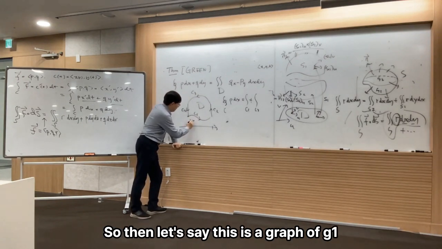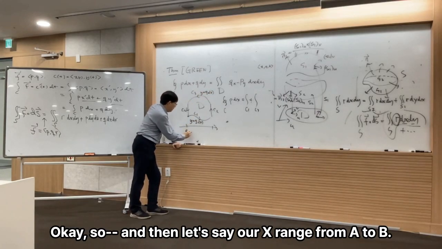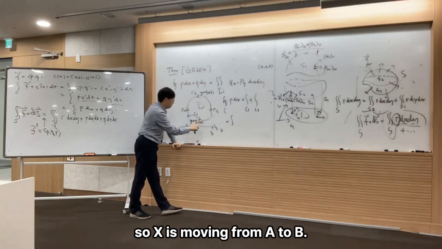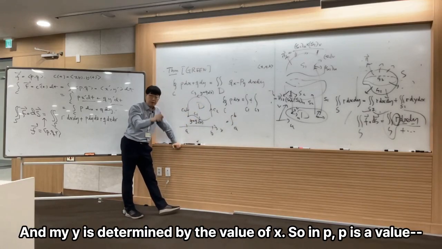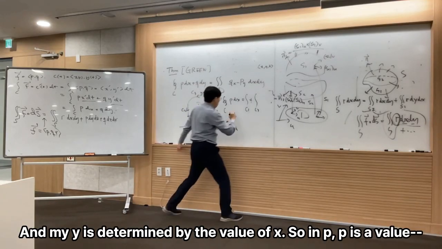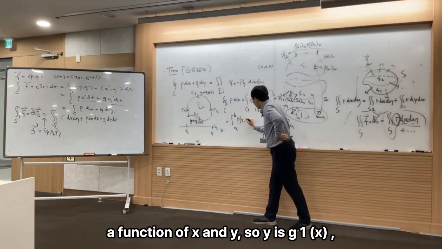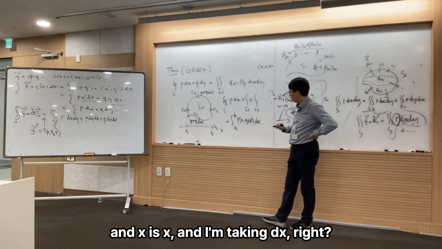Then this is the graph of g1 and this is the graph of g2. And let's say our x ranges from a to b. So what is C1 then? I'm moving along this direction, so x is moving from a to b, and my y is determined by the value of x. P is a function of x and y, so y is g1(x) and x is x. And I'm taking dx.